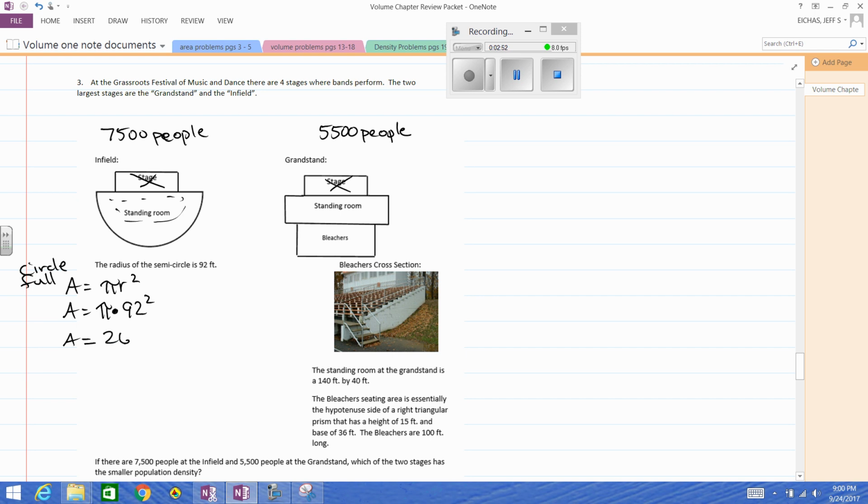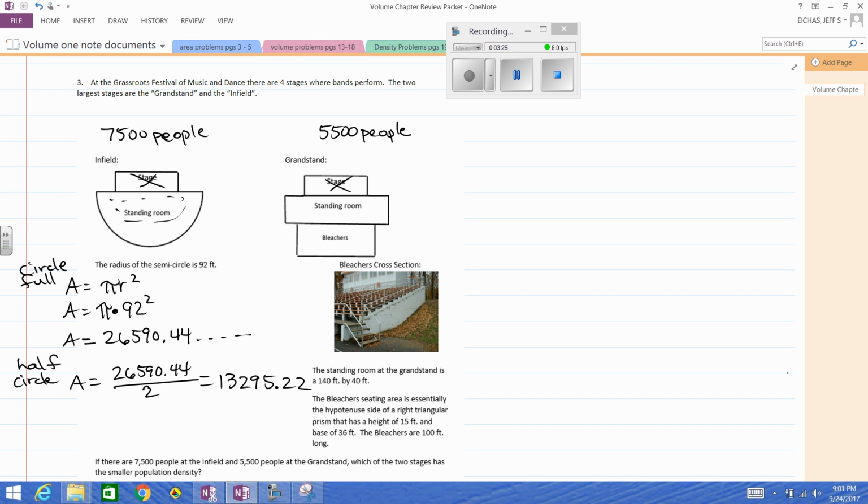I'm getting 26,590.44 and some other things. Now for the half circle, the semicircle, we're going to cut that in half. So we're going to take 26,590.44 divided by 2, and I end up with 13,295.22. That's going to be your square footage.